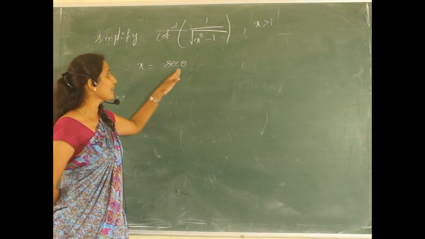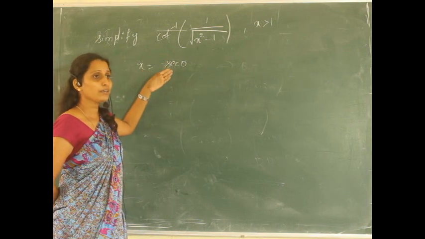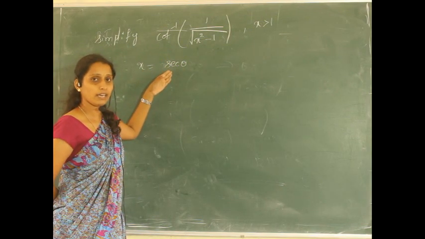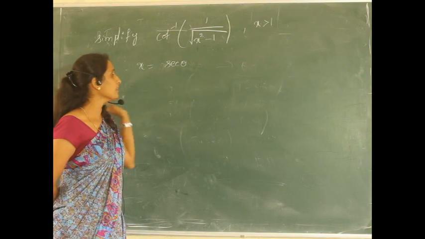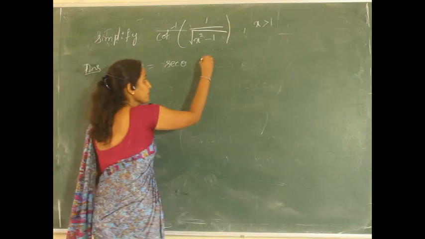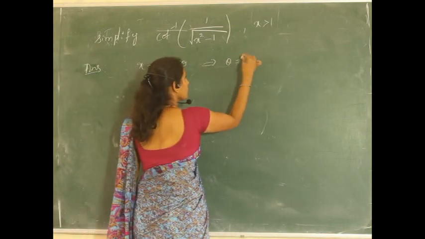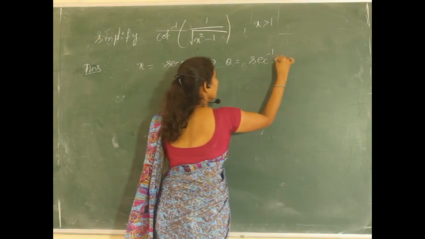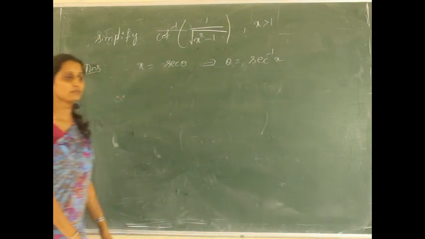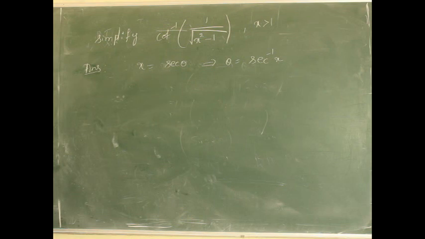Therefore we have to take either secant theta or cosec theta. Here x is equal to secant theta, which implies theta is equal to secant inverse x.